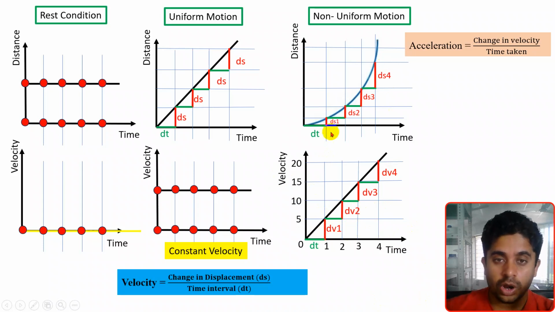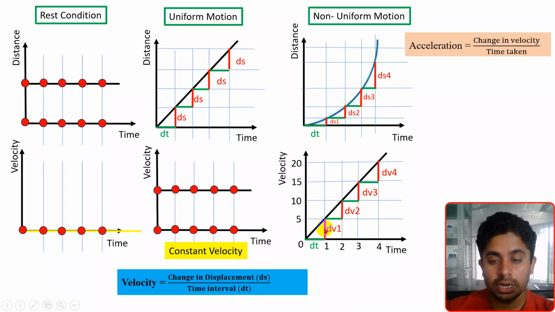But for non-uniform motion, it is not compulsory. Just for understanding purposes, the values we have chosen in this graph show that dv1, dv2, dv3, dv4 are the same. But it is not compulsory, it is not so all the time.